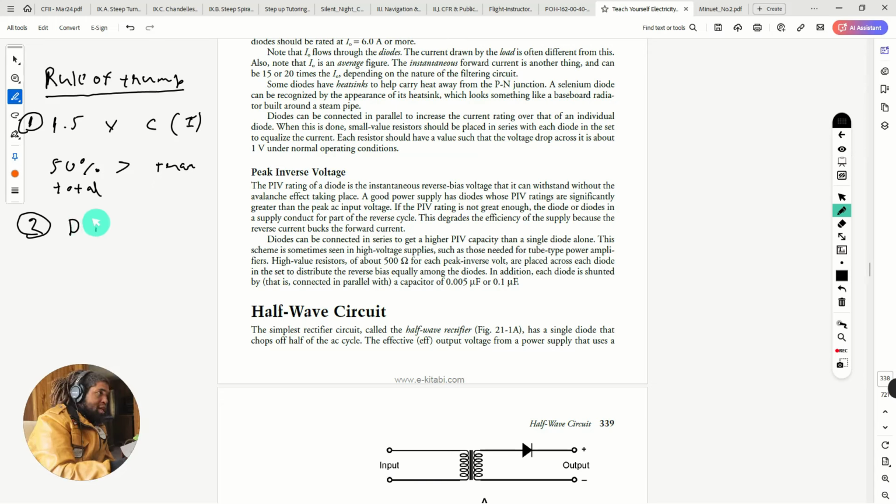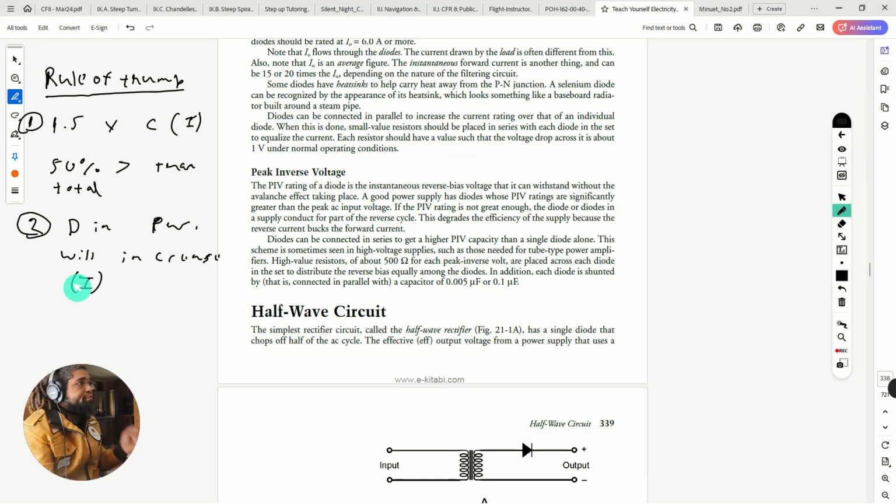So I'll put D in parallel will increase current. Just put increase I.